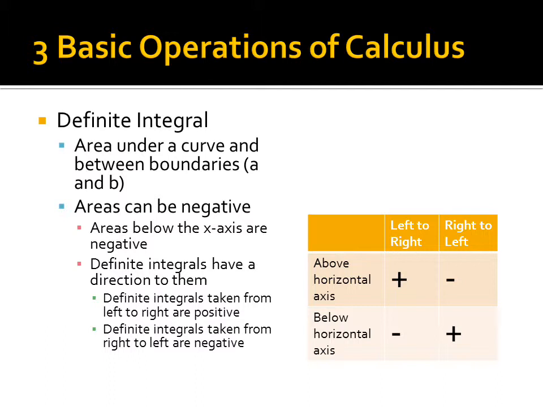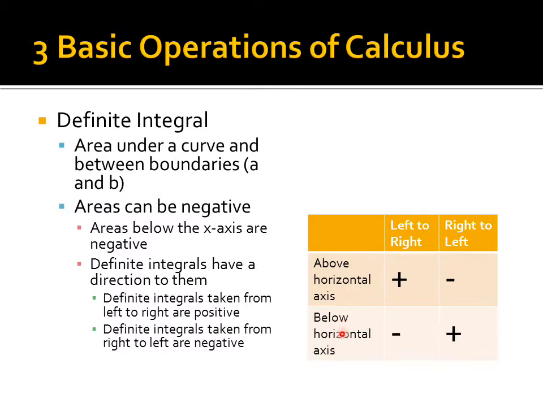So if you are integrating from left to right and your curve is above the horizontal axis, that will give you a positive area. If you're integrating from right to left and your area is still above the horizontal axis, you will have a negative area.